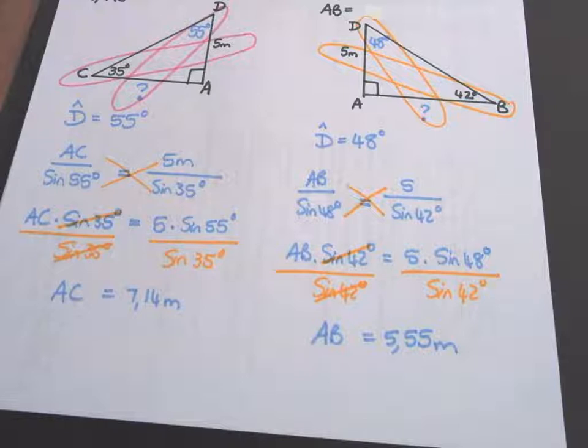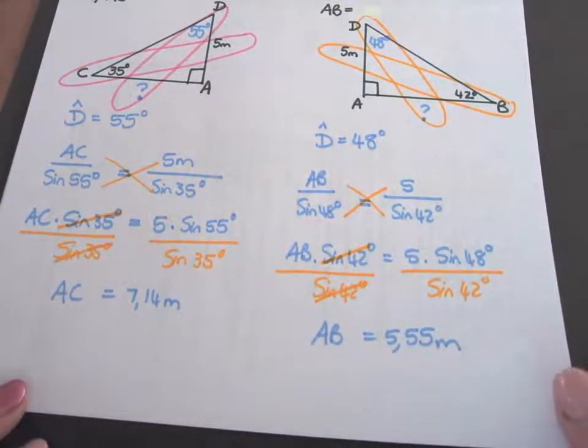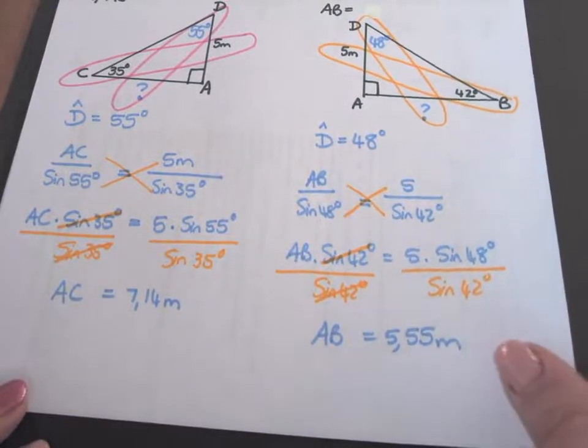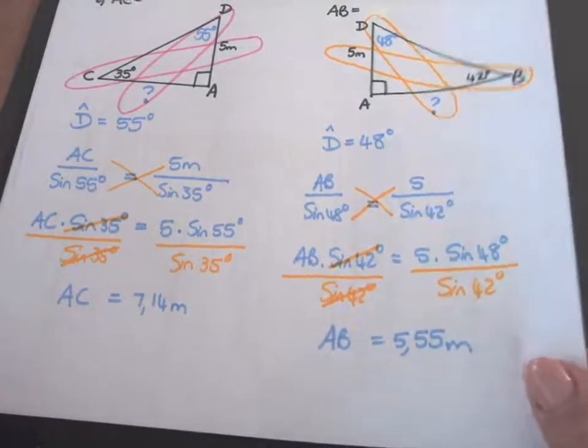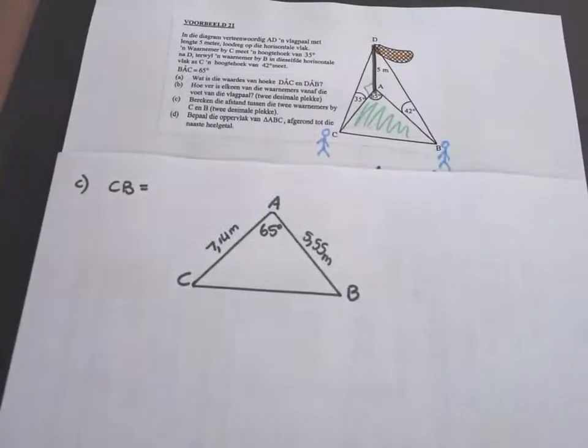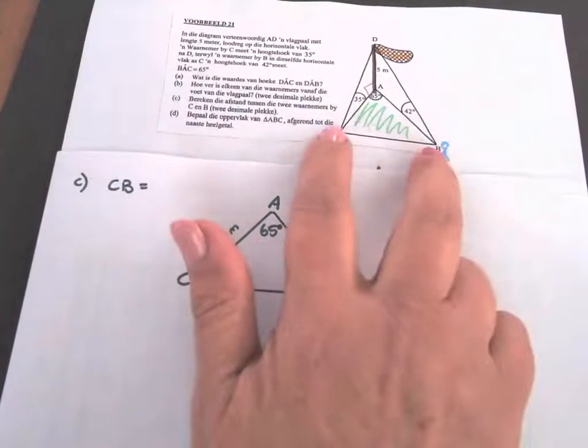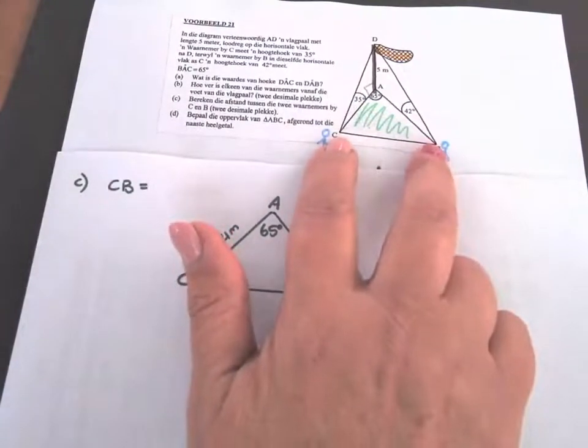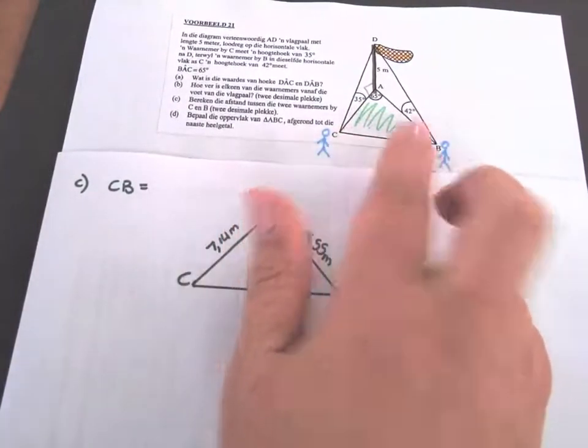Any questions so far? Now let's look at question C. In question C, I want the distance between the two people. So how far do they stand from each other?